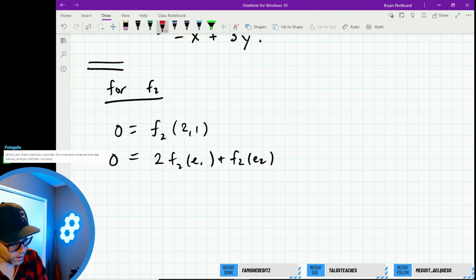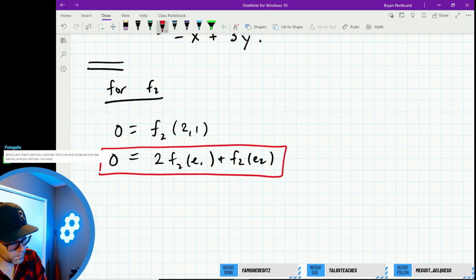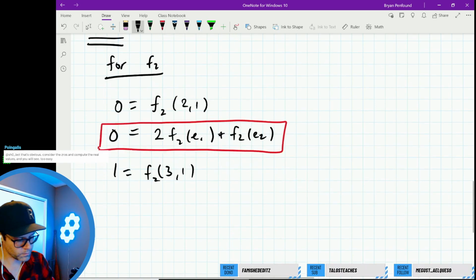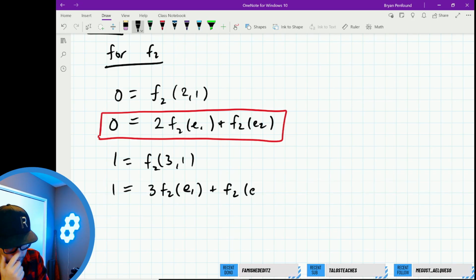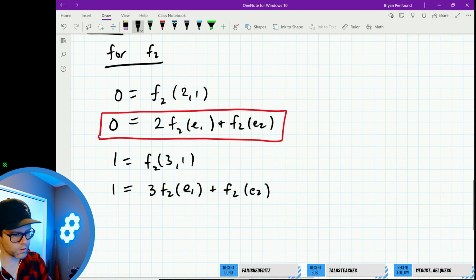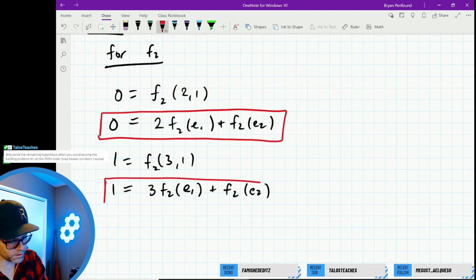So that's going to be one equation that we need. And then I think we'll get 1 is equal to f2 of 3, 1. So f2 is going to be E1, and then f2 at E2. These are the two equations that we're working with for f2.